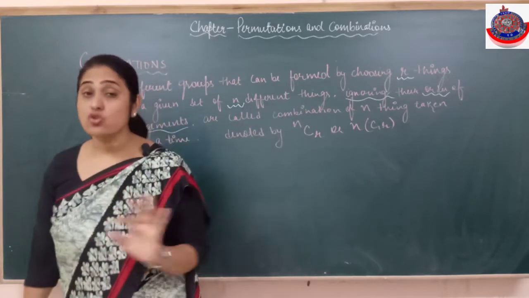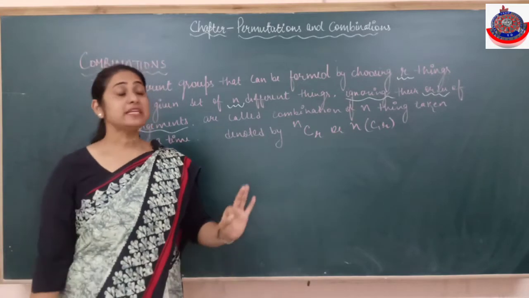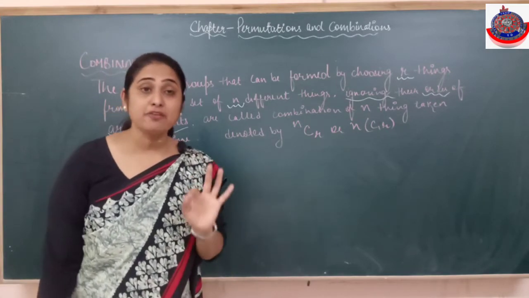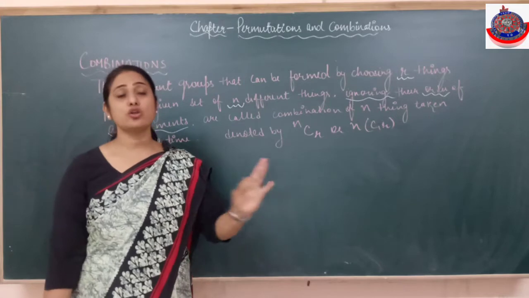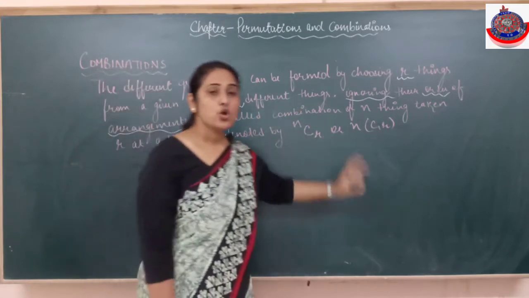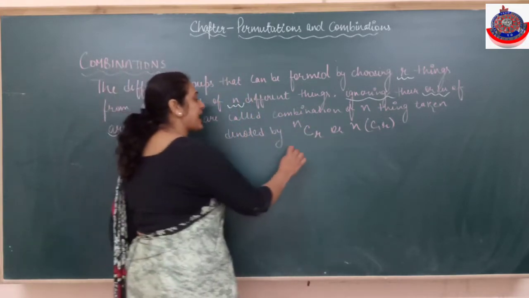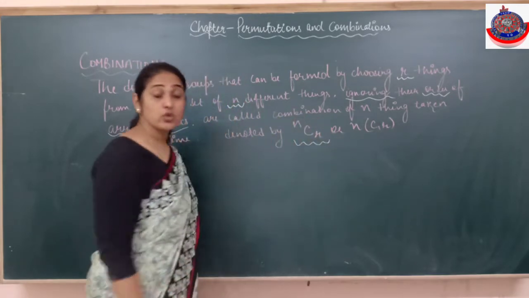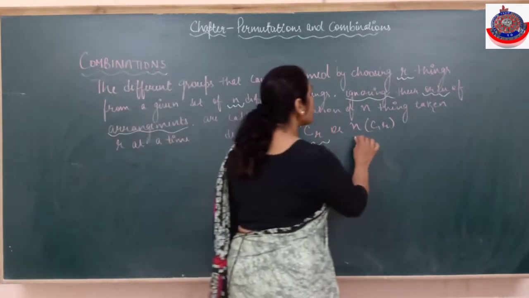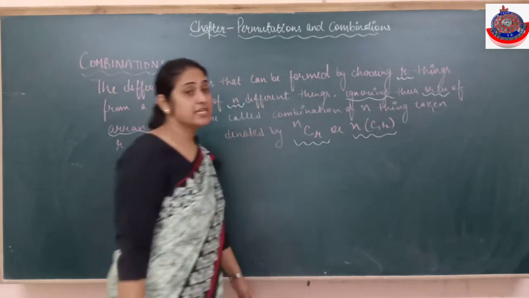The order does not matter. Selecting r things from n different things, ignoring the order of arrangement, is called combination, and it is denoted by nCr. Like permutation was nPr, or we can say n in bracket Cr.